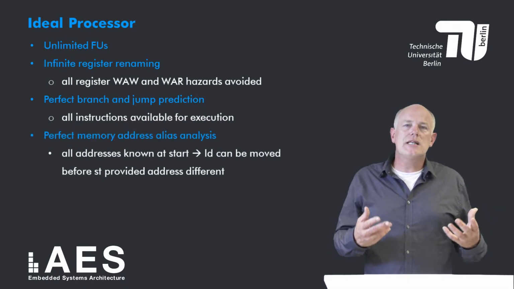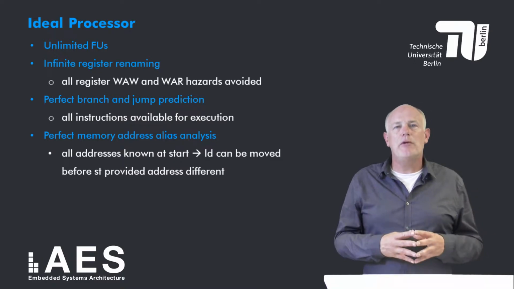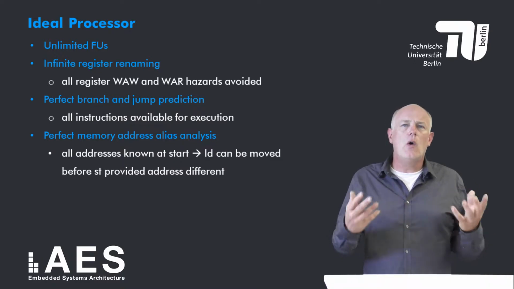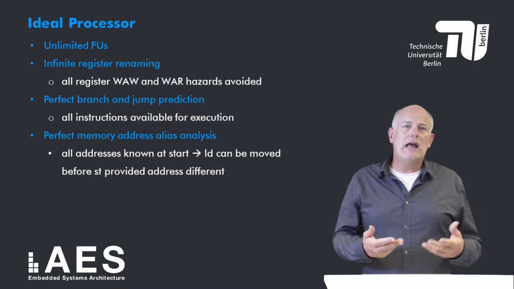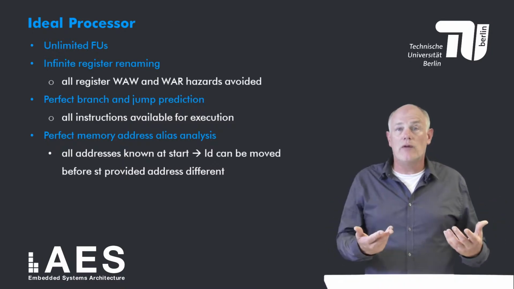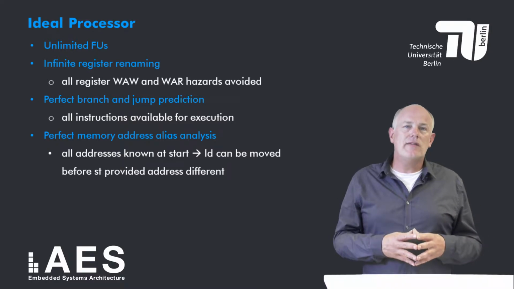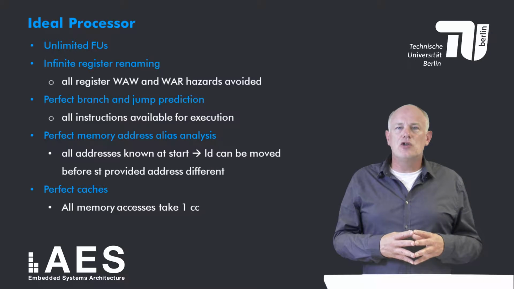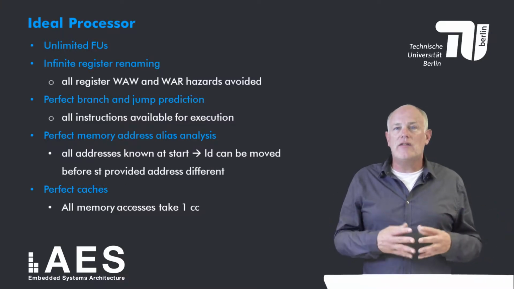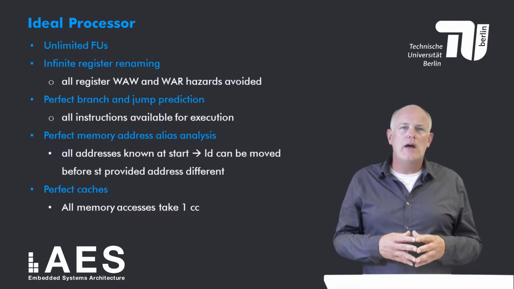Fourth, our ideal processor also performs perfect memory address alias analysis. All memory addresses accessed by the program are known at the start, and a load can be executed before a store provided they access different addresses. Fifth, perfect caches are assumed. That means that all memory accesses take 1 clock cycle.